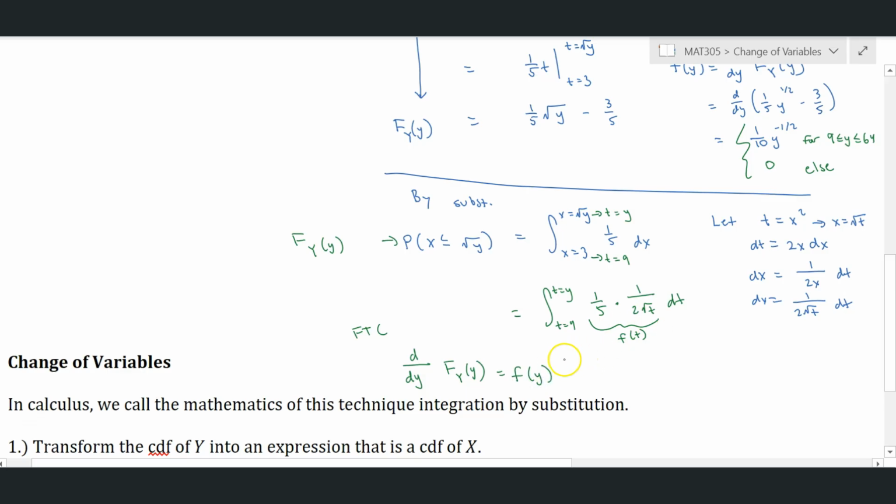All right, and that just means that this will be 1 over 5 times 2, which is 10 square root y, because the substitution is made. And that is the same thing as 1/10 y to the negative 1/2 for y between 9 and 64.